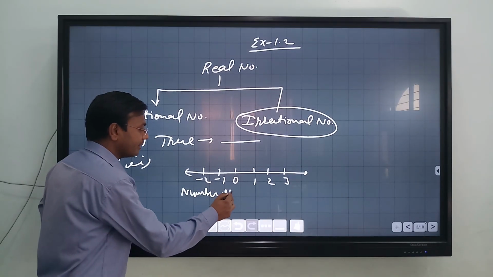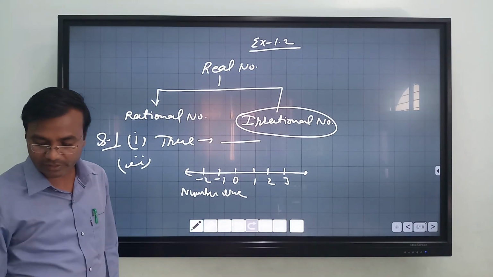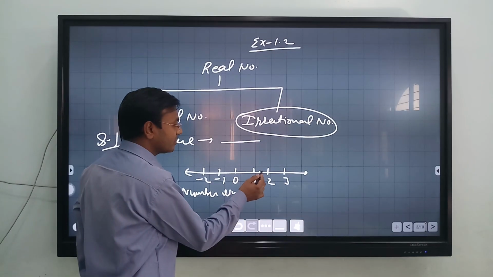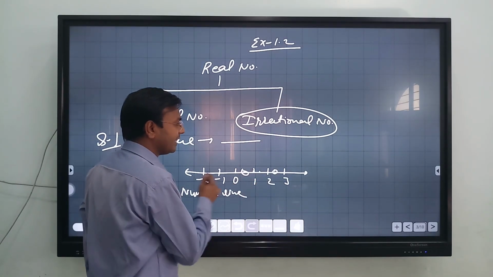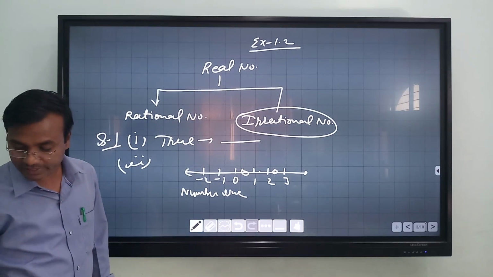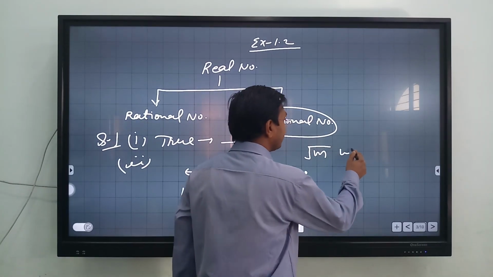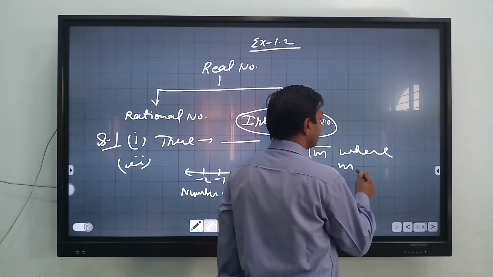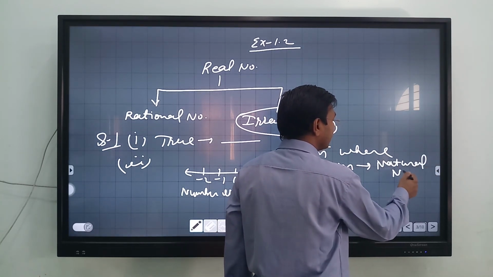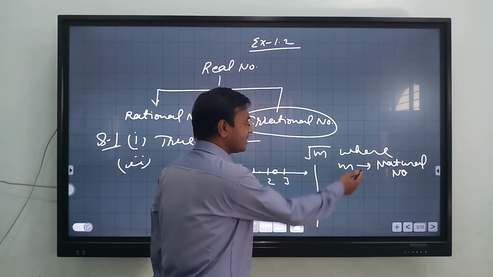So according to this statement, every point on the number line, every point like this point or this point, you may take anywhere else on this number line, each point can be represented by square root of m, where m is a natural number.